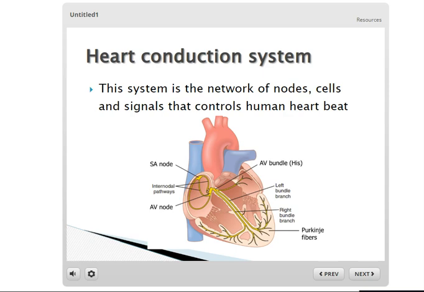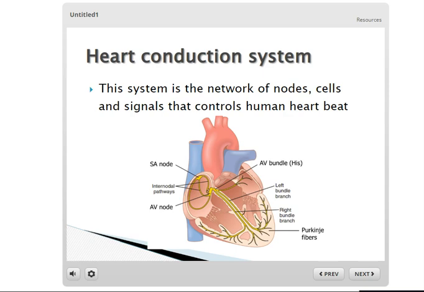Another component of this system is the bundle of His, or atrioventricular bundle, a pathway that transmits impulses from the AV node to the ventricle, and the right and left bundle branches conduct impulses through the interventricular septum to the ventricles.